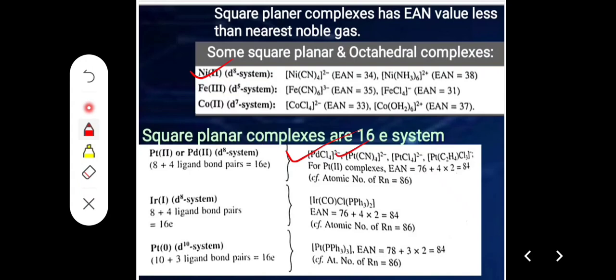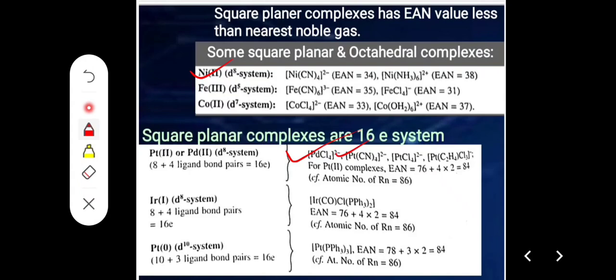Similarly, platinum(0), Pt(PPh3)3, has effective atomic number 84, which is 2 less. So that's why 16 electron configuration square planar complexes are electronically unsaturated. They need extra electrons to produce the noble gas configuration, the effective atomic number of the nearest noble gas.